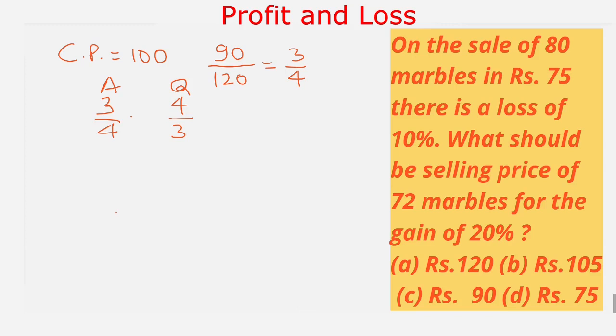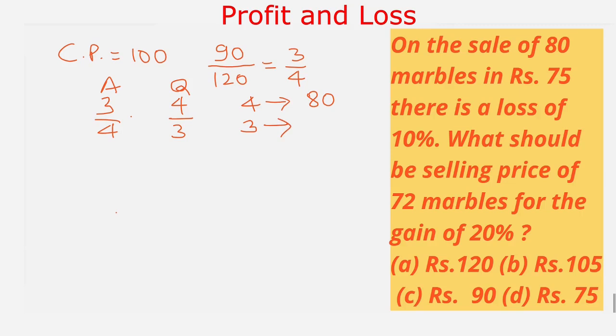Then the quantity should reduce from 4 to 3. If we were selling 4 articles, then now we have to sell 3 articles for the same amount for getting 20% profit instead of 10% loss. Here 4 is equivalent to 80 pieces or 80 articles or 80 marbles. Then what should be the value of 3?